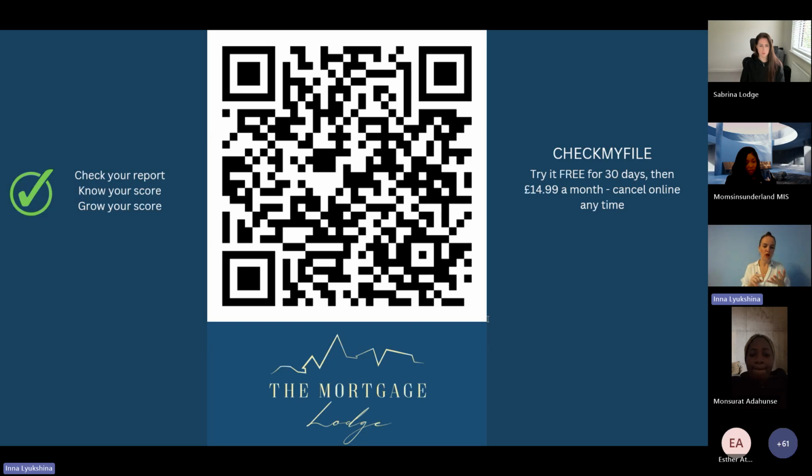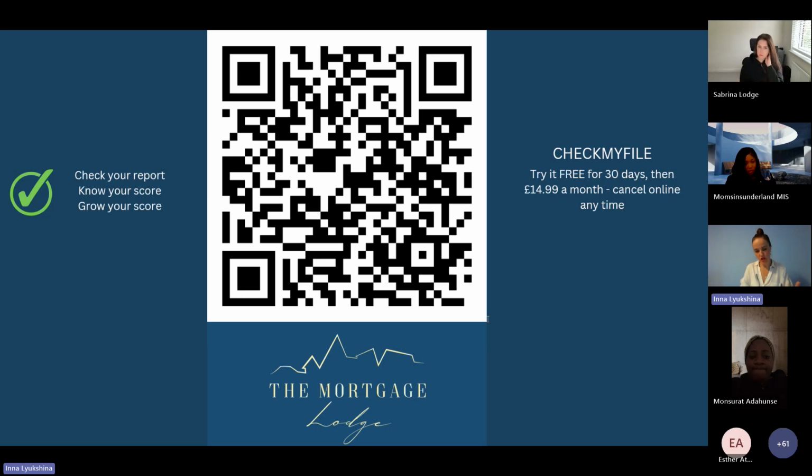You get soft searches the moment you run quotes on comparison websites, car insurance, setting up any direct debits, going through identification online. These are all soft searches without you even realizing it. Same as when I run the decision in principle, trying to figure out how much money can be borrowed from this or that lender, they would run a soft search at that stage. It will not affect your credit score at all. It will just be visible in your credit file.